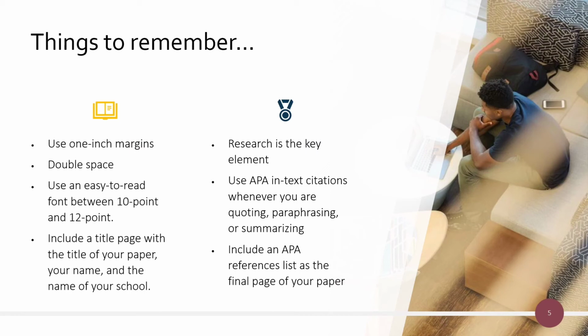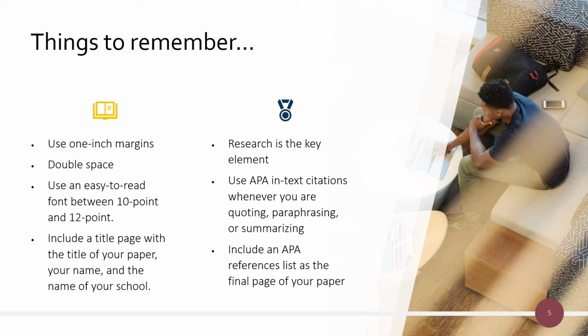It's clean, it's easy to read, and you can always do a lot of commenting between those lines. Include a title page with the title of your paper, your name, and the name of your school. So this is really an APA styled title page, which there is a sample provided, as always, of a few components of this research paper.